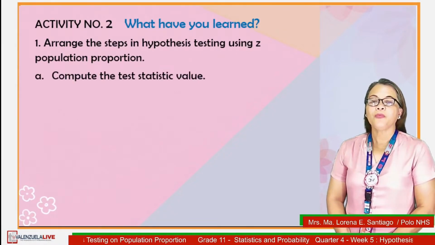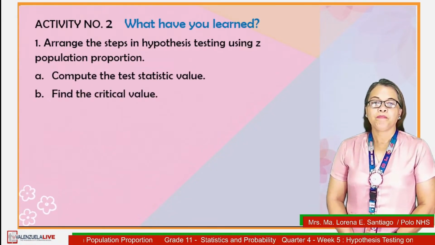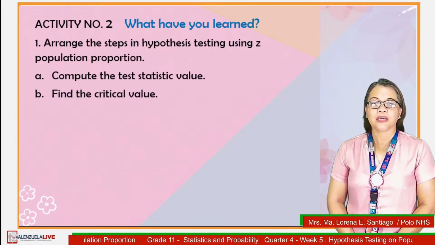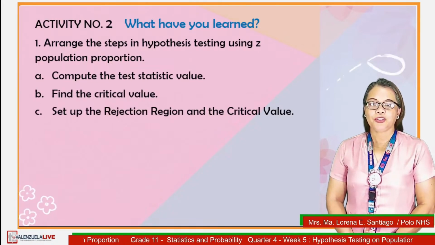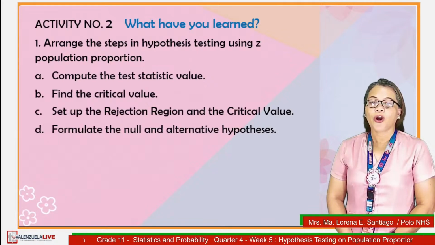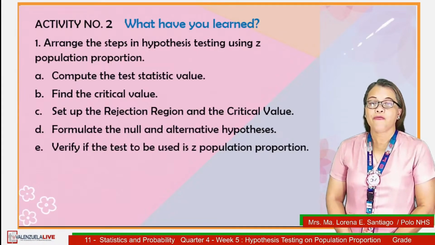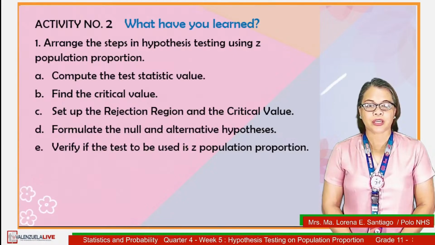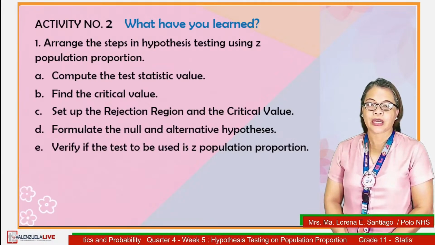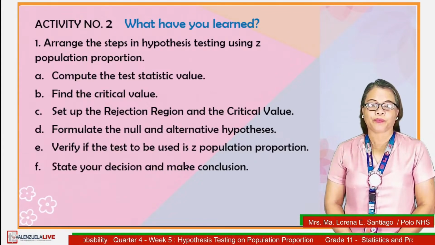A. Compute the test statistic value. B. Find the critical value. C. Set up the rejection region and the critical value. D. Formulate the null and alternative hypothesis. E. Verify if the test to be used is Z population proportion. And F. State your decision and make conclusion.